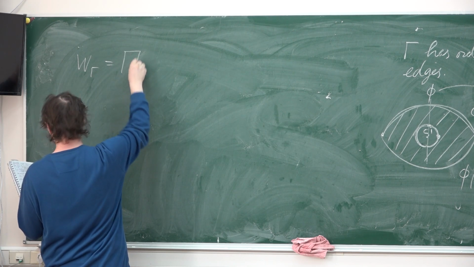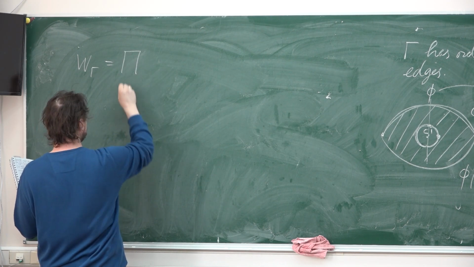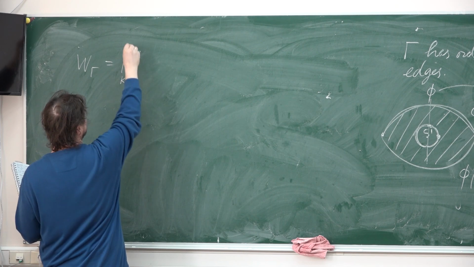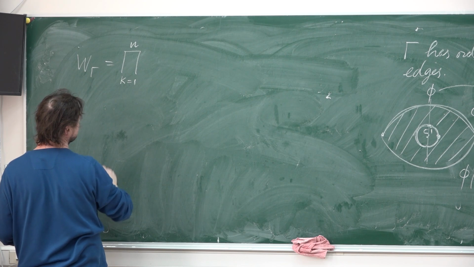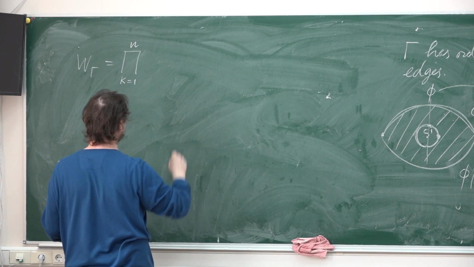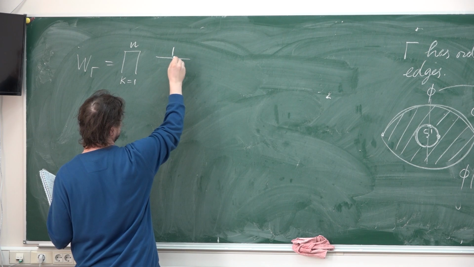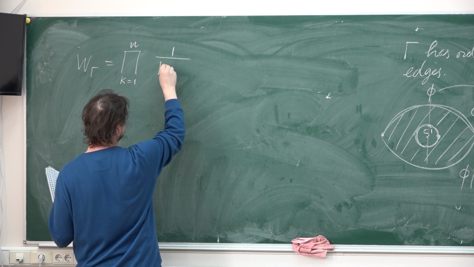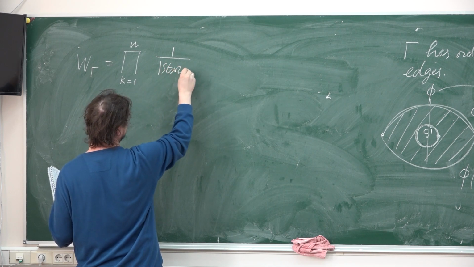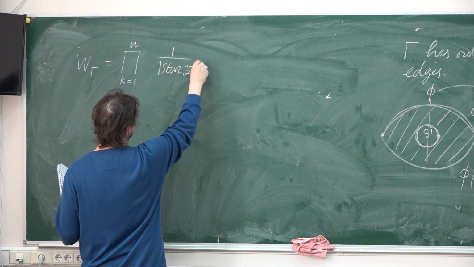First, we take the product for all points in the upper half plane of the normalizing factors 1 over the cardinality of star of this point, factorial.